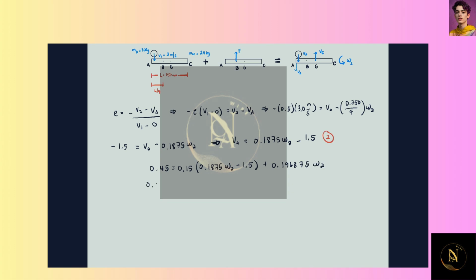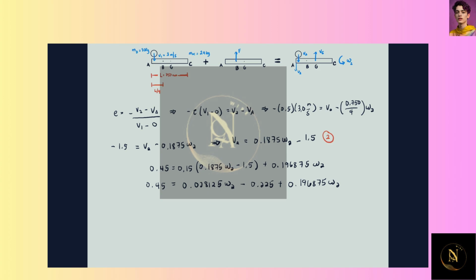So this will be 0.45 equals 0.028125 omega 2 minus 0.225 plus 0.196875 omega 2.